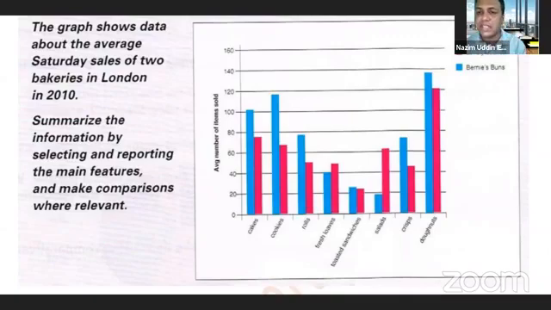The highest sale of the two bakeries were doughnut, cake and cookie, and the lowest sale was in salad, roasted, toasted sandwich, fresh loaves.